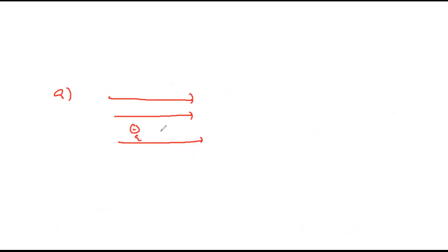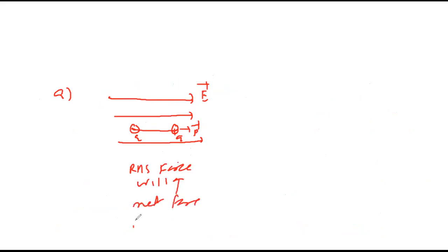So this is negative charge, this is positive charge, this is direction of P bar, and this is E. So force acting on the positive charge will be to the right side, and on the negative charge to the left side. So can I say right hand side force will increase? So there will be net force in the right direction. This is the meaning.